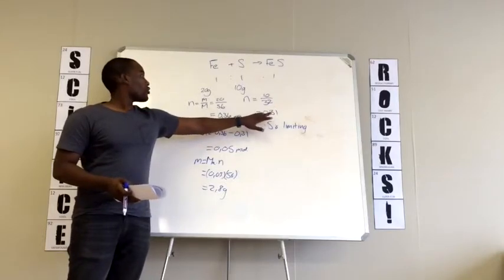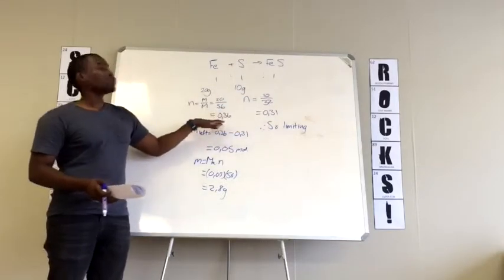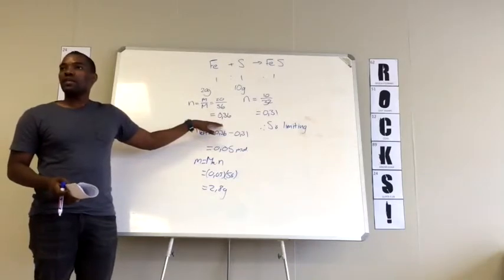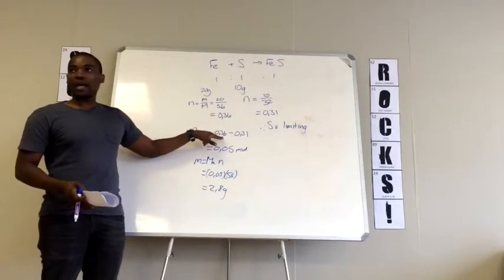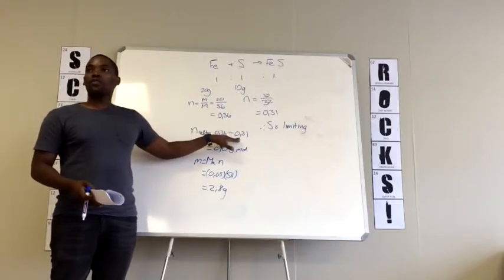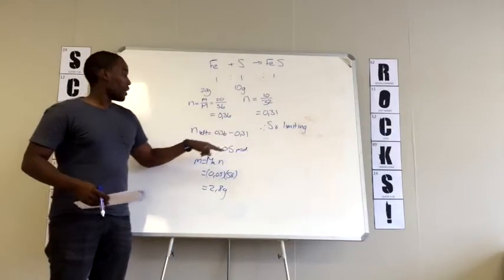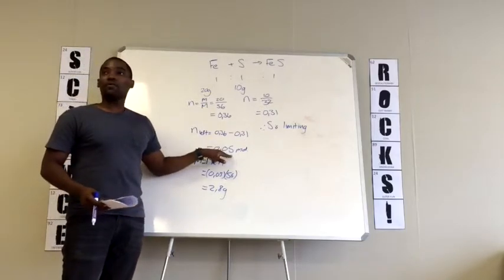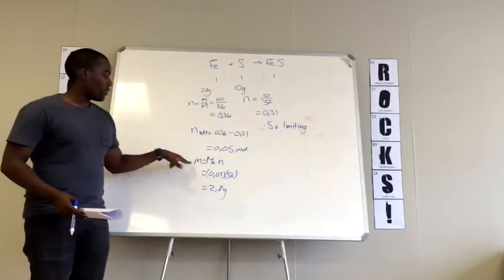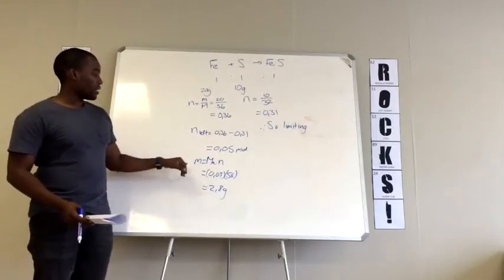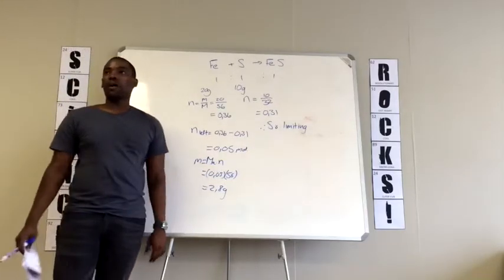Meaning, I'll only react, as a 1-to-1, 0.31 moles of my iron as well. Does that make sense? So then how much is left? It's going to be 0.36, which is what I had, minus 0.31, which is what I reacted. And then I've got 0.05 moles left over. Right? And then I want to find the mass in grams, and I plug in my equation, and then I end up with my mass in grams.